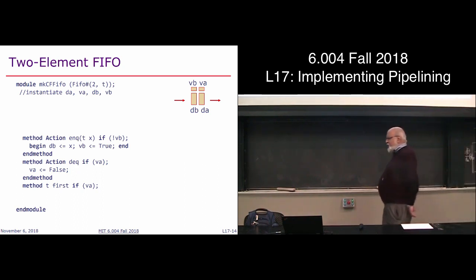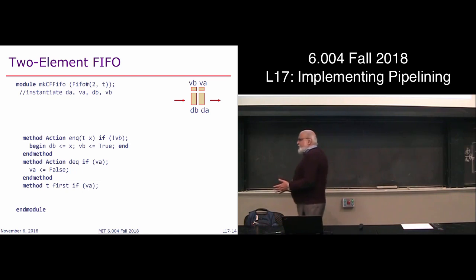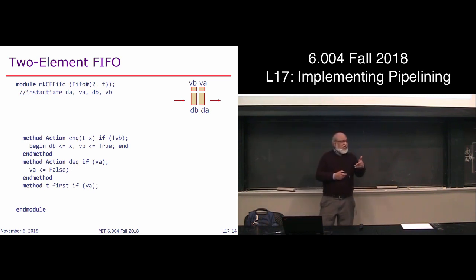So what will happen? You start out with something empty. You do an NQ in it. Can you do a DQ after that? No, because DQ says something must be in DA, but it's still sitting in DB because that's where I NQ'd it.